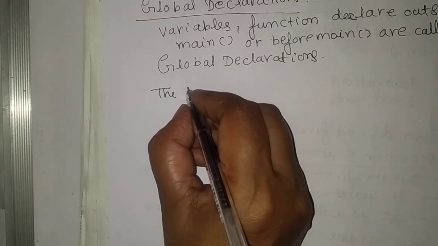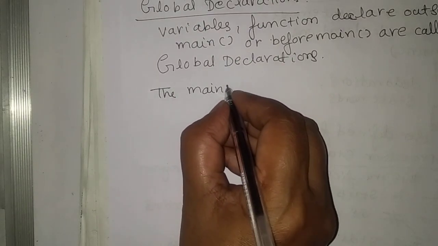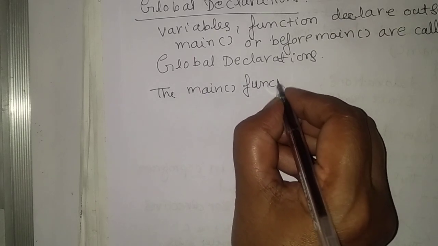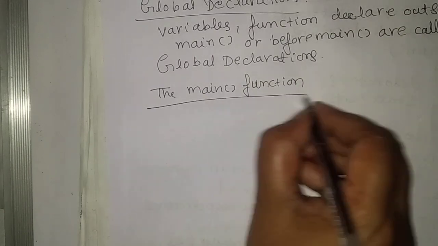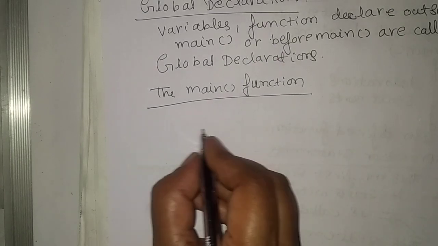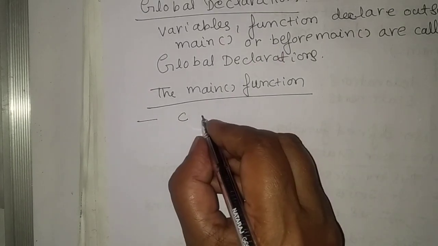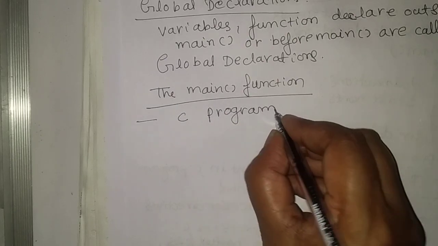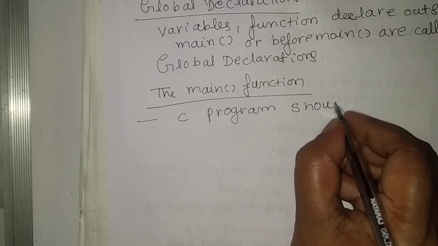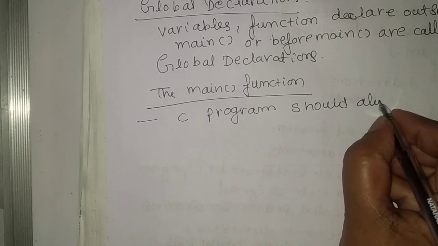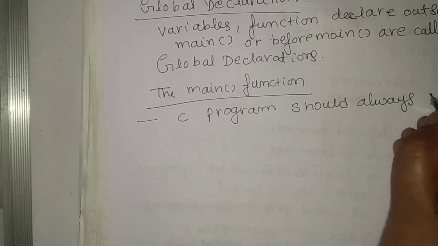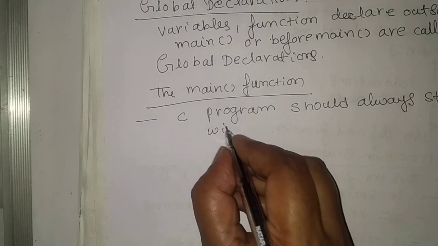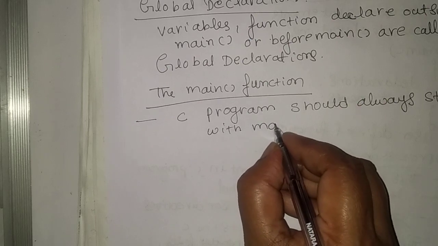Next is the main function, followed by open and close brackets. A C program always starts with the main function. Without the main function there is no C program.